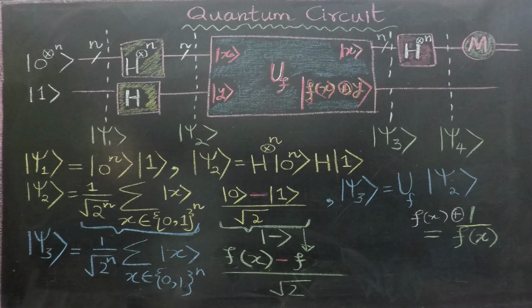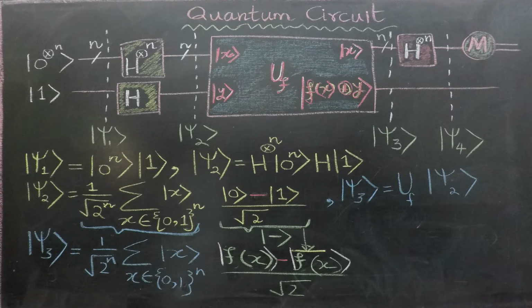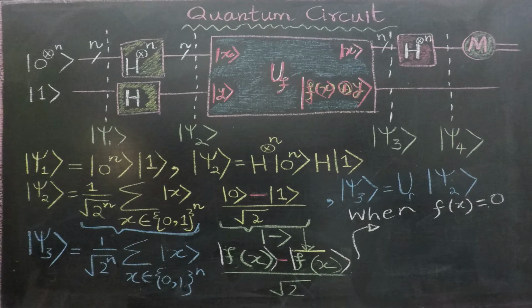We substitute these values to simplify it further. Note that when f of x is equal to 0, the second register will have ket 0 minus ket 1 divided by the square root of 2, which is essentially saying the second register will have ket minus.